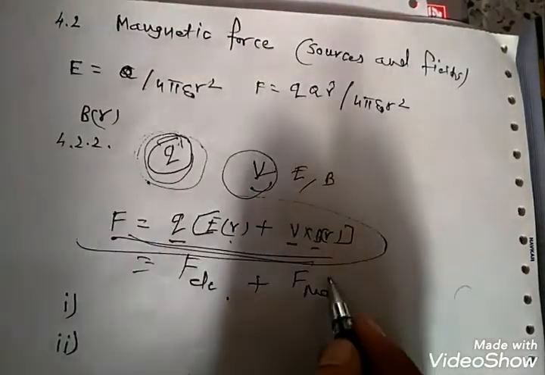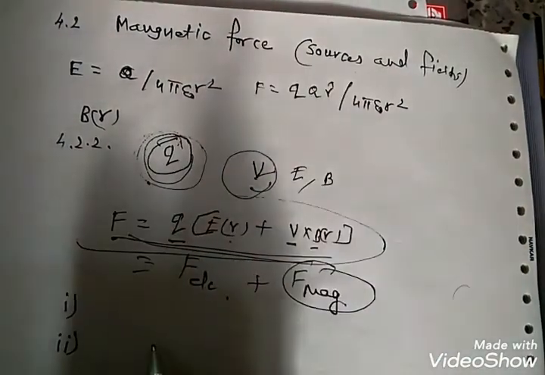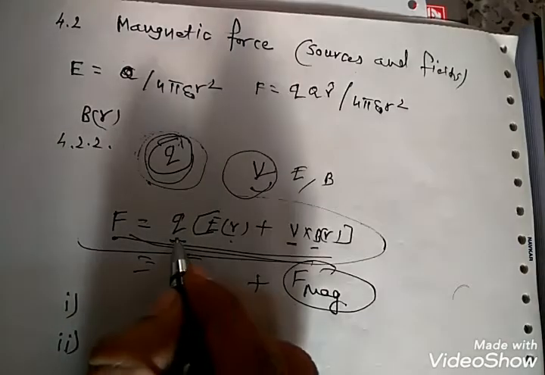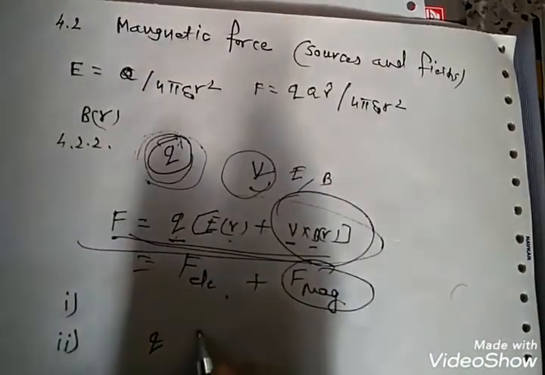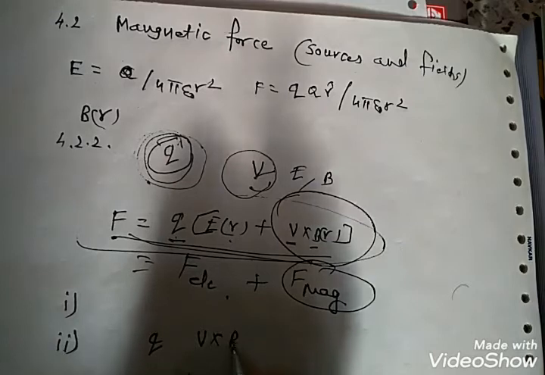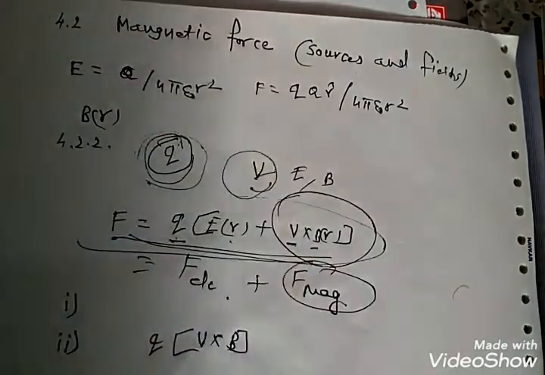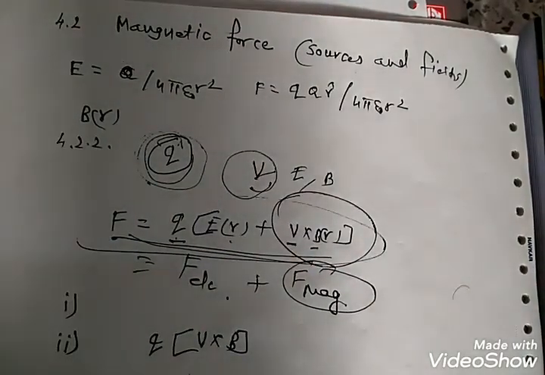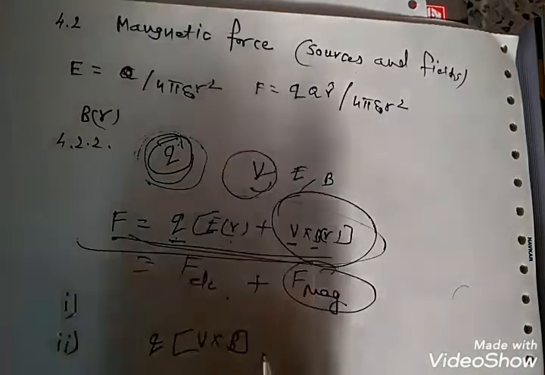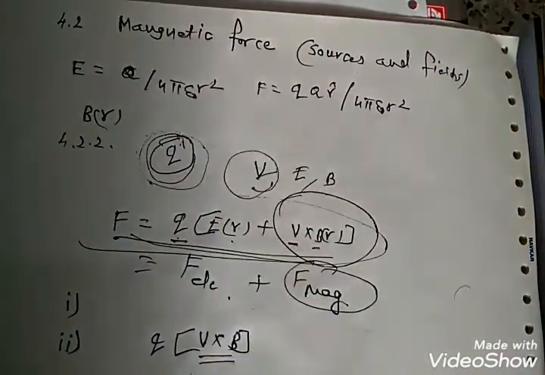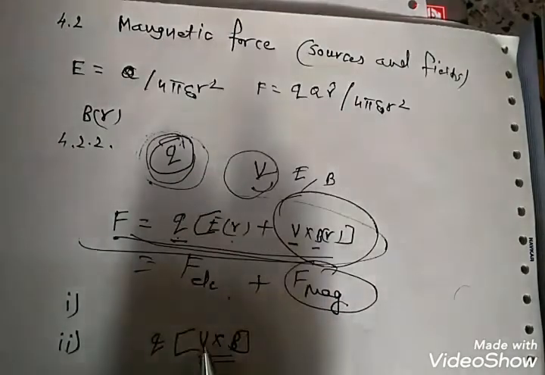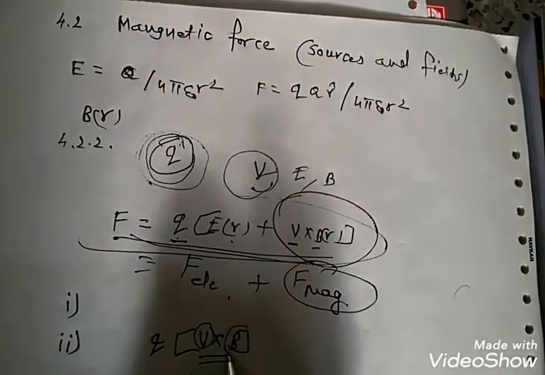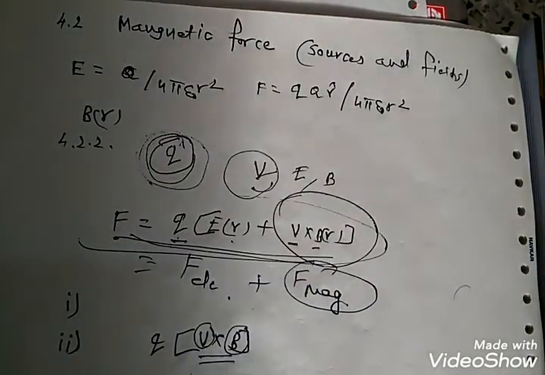Now, in the second point, the magnetic force is q into v cross B. It includes a vector product of velocity and magnetic field.